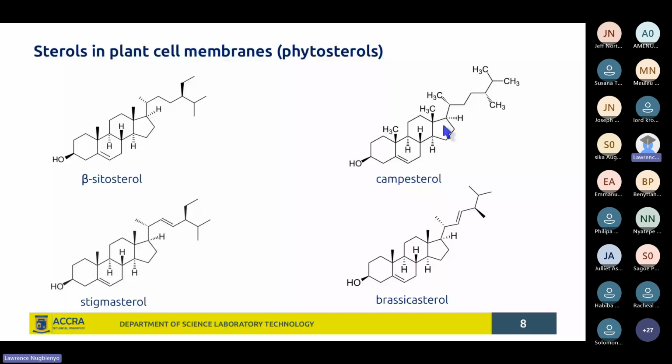Apart from even these sterols, which we call phytosterols in plants, there are some structures which you also see related to this, which are referred to as stanols.